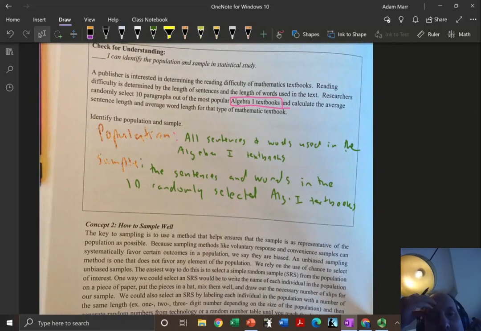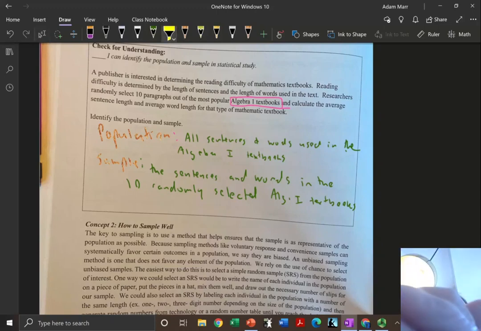A publisher is interested in determining the reading difficulty of mathematics textbooks. Reading difficulty is determined by the length of the sentences and the length of words used in the text.